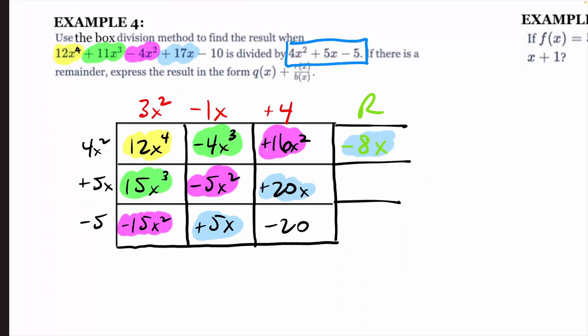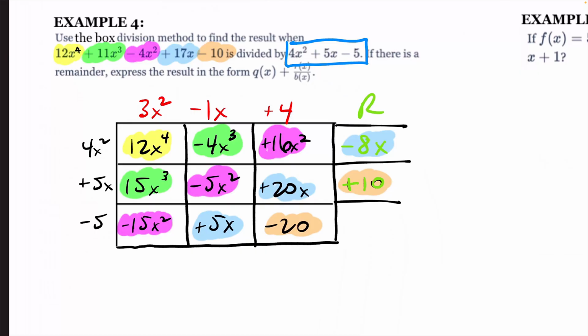So I'm done there. The last step is negative 10. What number has to go there to make negative 10? Positive 10 is going to be here. So our remainder is actually negative 8x plus 10.